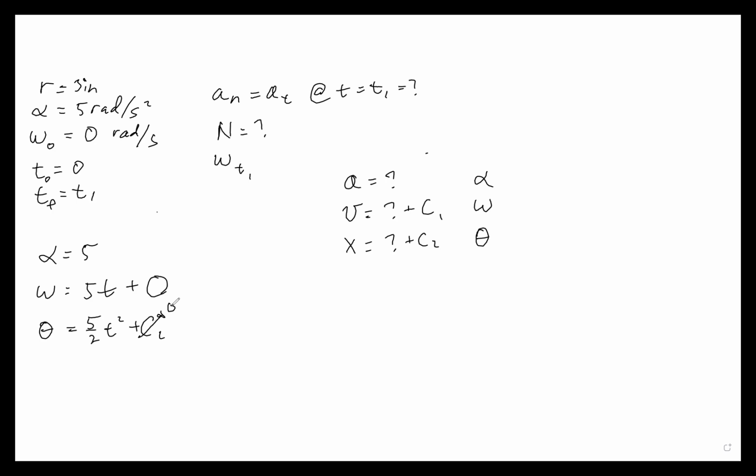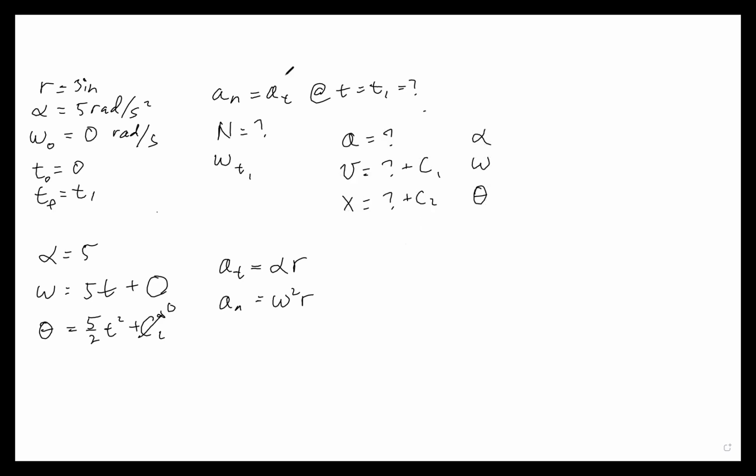Now we have talked about in the chapter that the tangential acceleration is equal to alpha times the radius, the angular acceleration times the radial length. And the normal acceleration is equal to the angular velocity squared times the radial distance. Are these values that we know? Yes, we know alpha. Alpha is 5 and the radial distance is 3.